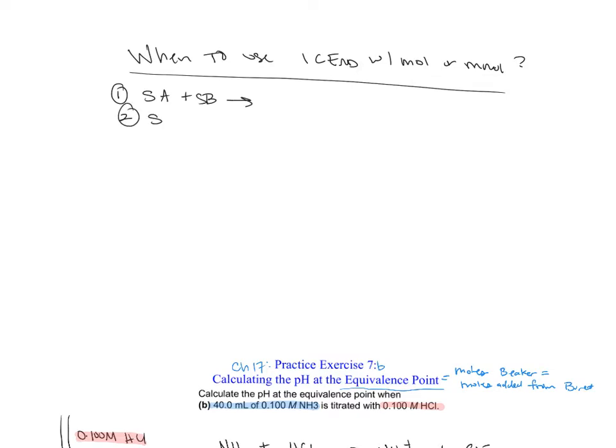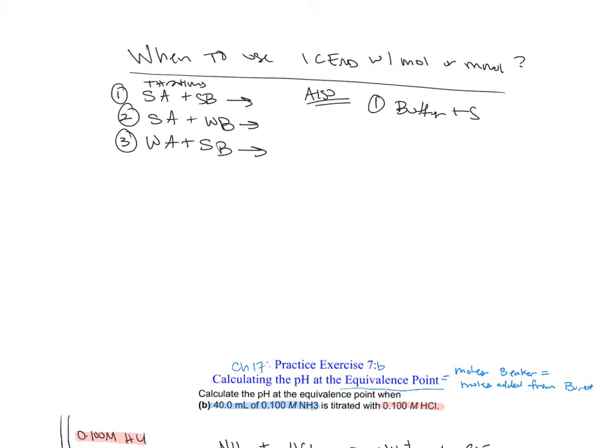The second case, strong acid plus weak base reaction. Third case, weak acid plus strong base reaction. These would be our titrations. Also, we use the ICN if we have a buffer plus strong acid or buffer plus strong base.